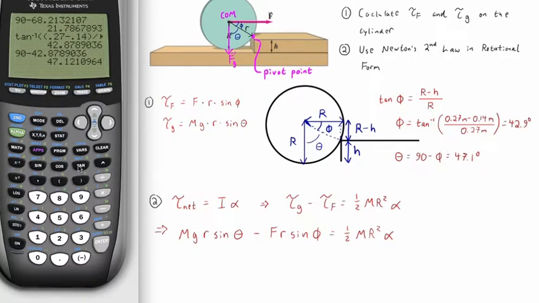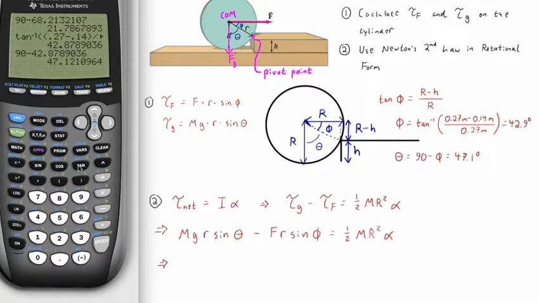That's going to involve adding Fr sine phi to both sides, then subtracting the 1/2 mr squared alpha from both sides and dividing by r sine phi.